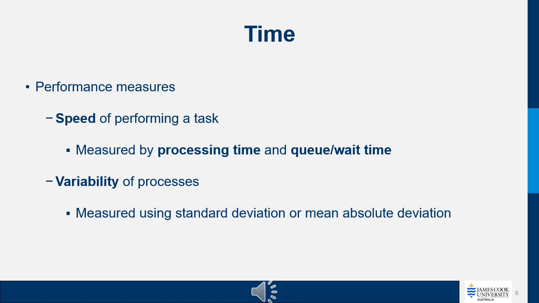By assessing time-related performance measures, organizations can identify opportunities for process improvement, optimize resource allocation, and enhance overall productivity. Minimizing task completion time and reducing process variability are key objectives in streamlining operations, improving customer satisfaction, and achieving operational excellence.